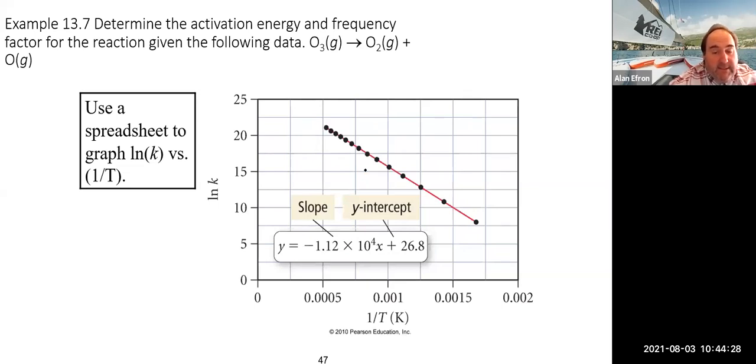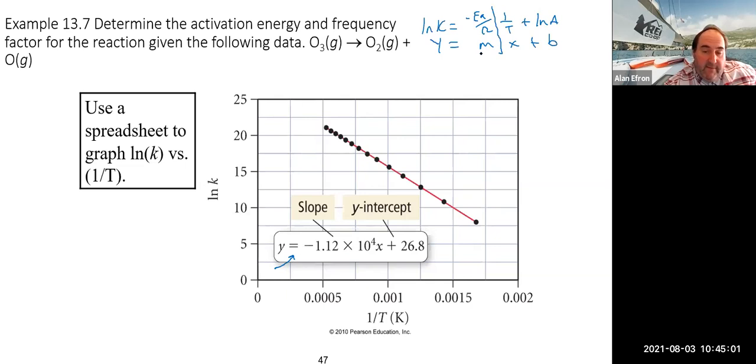And if you use Excel, or if you did it by hand, I suppose, you could get the equation for the straight line that occurs here. If we wanted to determine the activation energy and also the frequency factor, we could do that as we saw a second ago: our natural log of k is minus Ea over R, times 1 over T, plus the natural log of A. So y is equal to mx plus b.